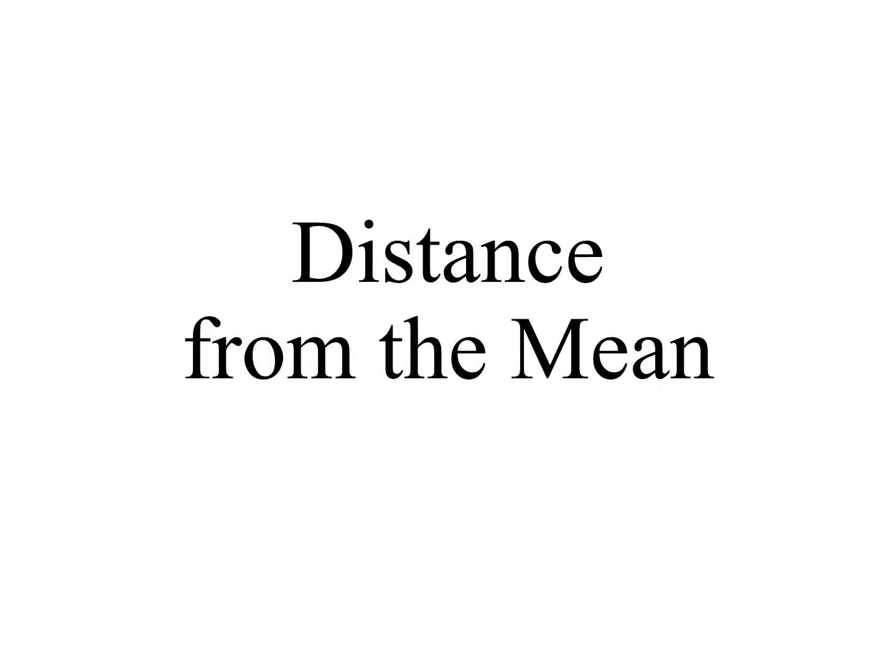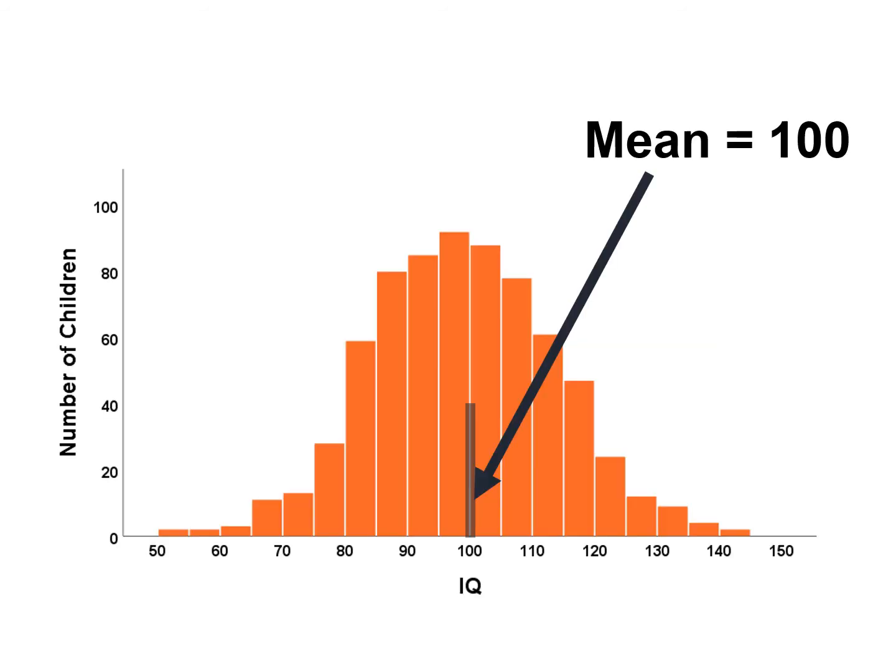Okay, now we're about to move to a completely different topic, distance from the mean. Let me show you what's meant by a score's distance from the mean. Here's the distribution of IQ scores that we've been using in this lecture. The mean of the distribution is around 100.